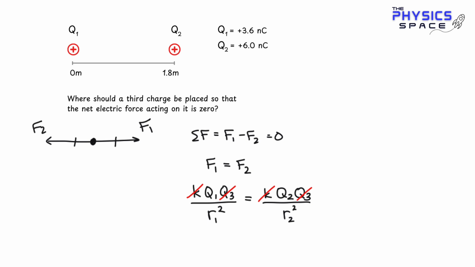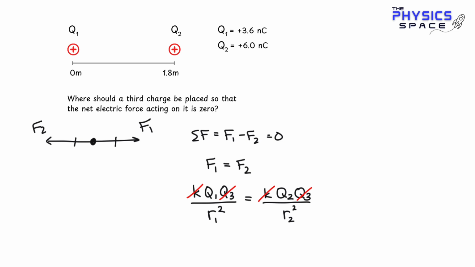So the other thing that we need to deal with before we start plugging in numbers and solving is that we know the magnitude of charge 1, we know the magnitude of charge 2, and we know the distance from 1 to 2, but we don't know what these R values are to wherever this third charge is. That's our whole problem here, figuring that out.